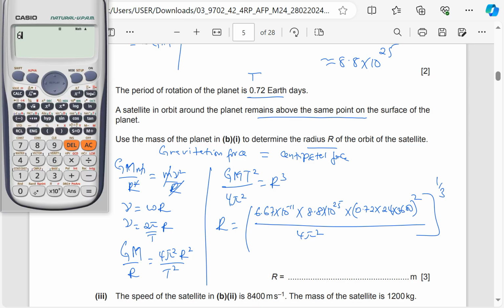So I'll check this: 6.67 exponent minus 11 times 8.8 exponent 25 times 0.72 times 24 times 3,600, but this should be squared. Then I'll divide this by 4 pi squared.